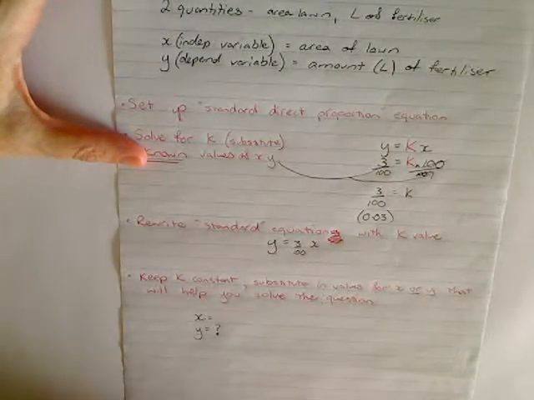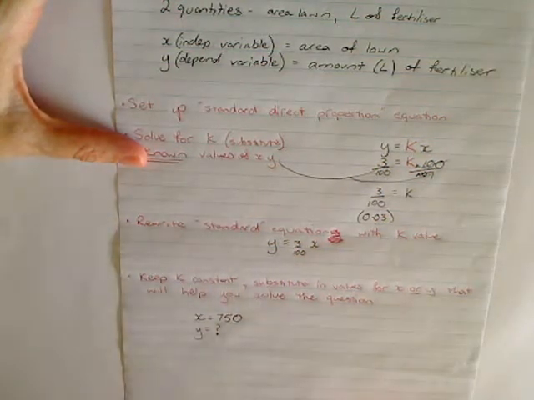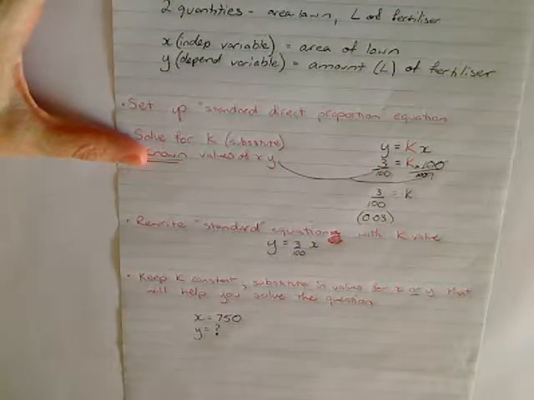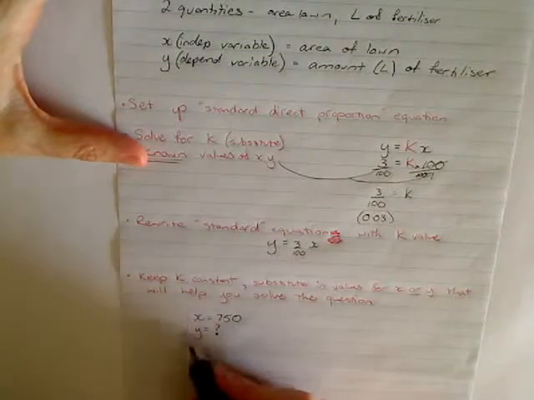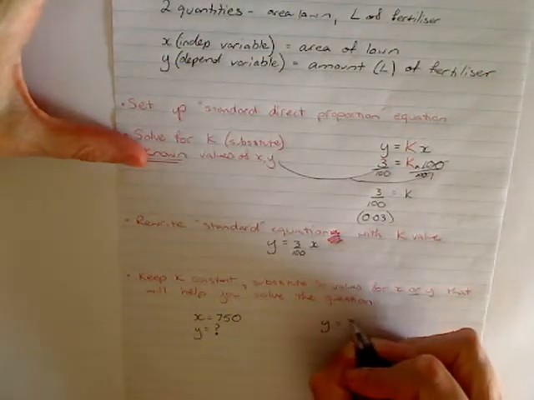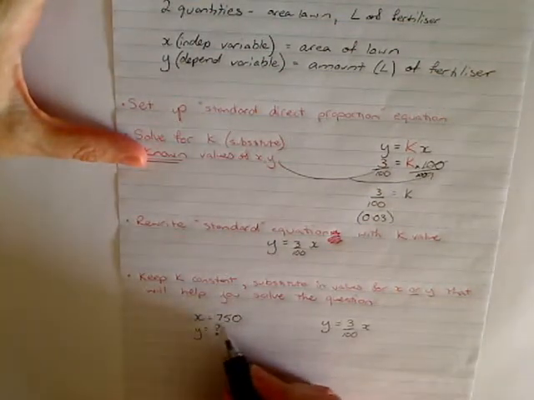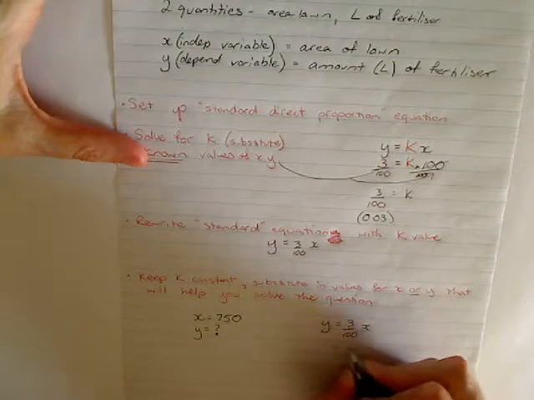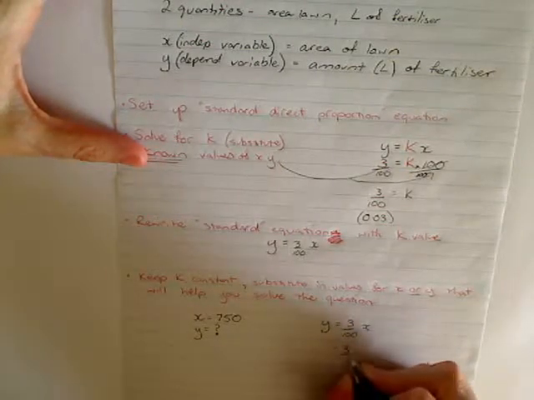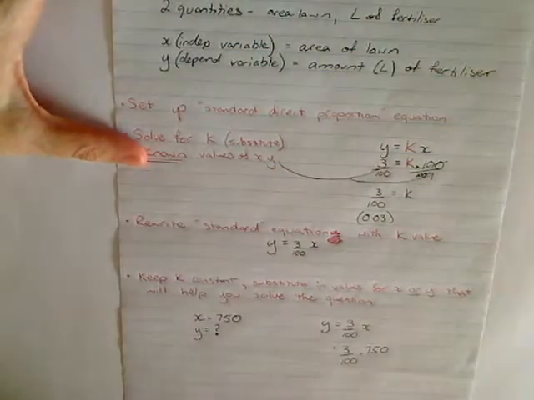I want to know the litres of fertiliser for 750 square metres of lawn. So I can substitute what I can into my standard equation. y equals 3 over 100x. Now I actually know what x is for the situation I'm interested in. y still equals 3 over 100 by 750.